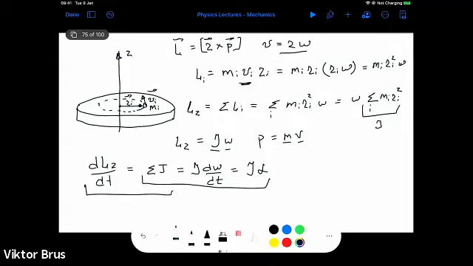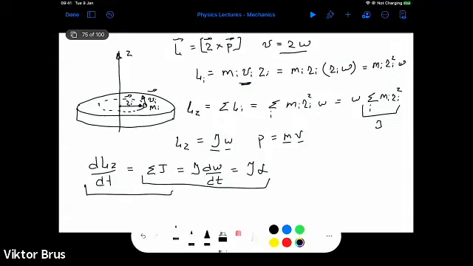And it's also defined by the product between the moment of inertia and angular acceleration.